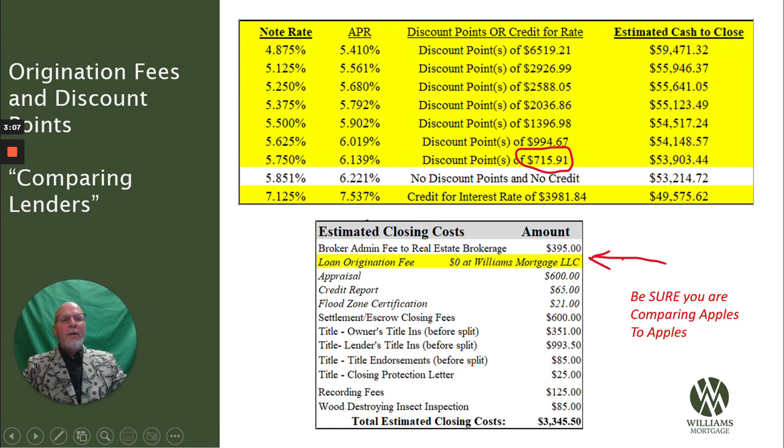So, lender A could either match the note rate of 5.851%, but have $715.91 less in fees at closing, or lender A could charge the same amount of origination fee that lender B is charging, but offer a lower interest rate to the borrower.